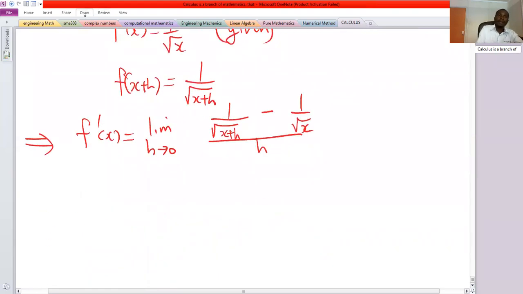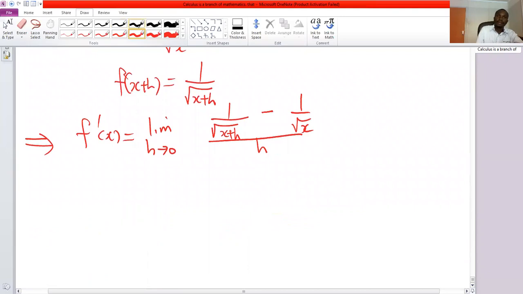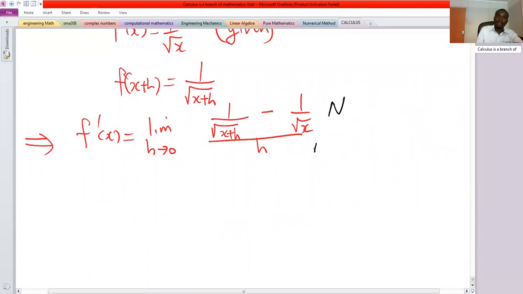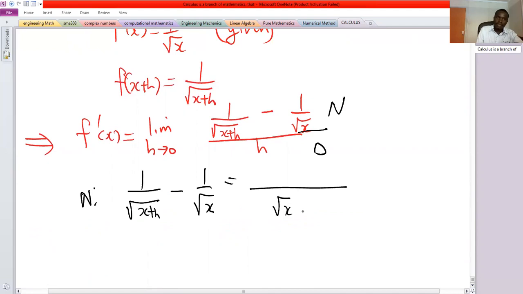Now, let's call this numerator, denominator. So numerator, we have 1 over root x plus h minus 1 over root x. So the LCM is root x times root x plus h. So this into LCM gives root x, and this into LCM gives root x plus h.